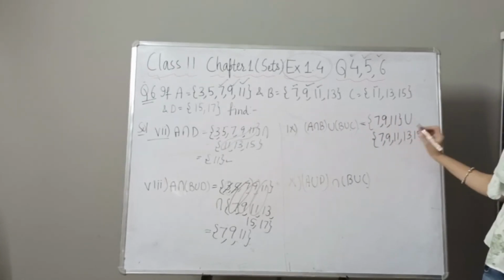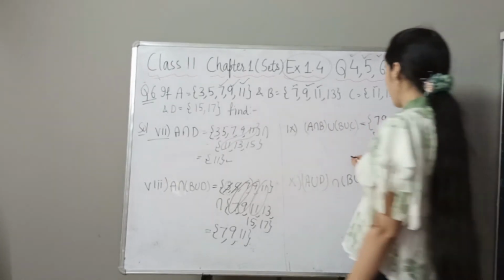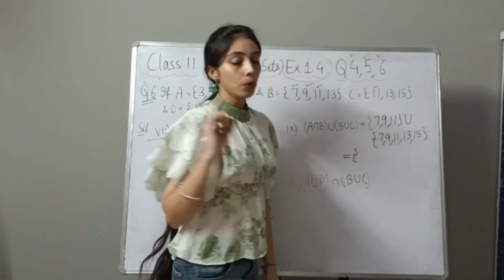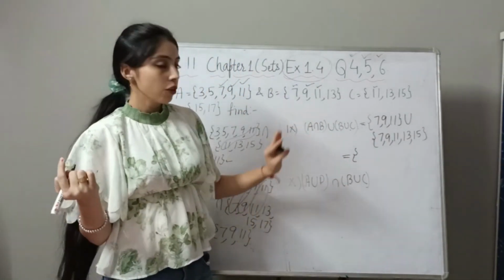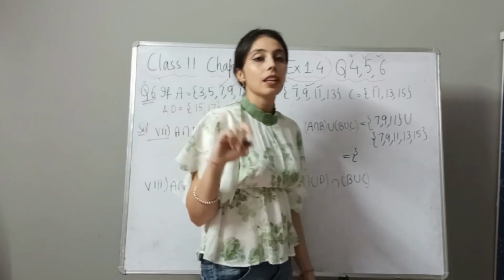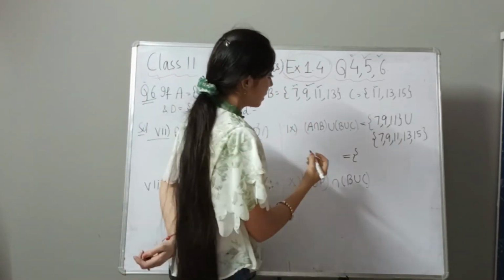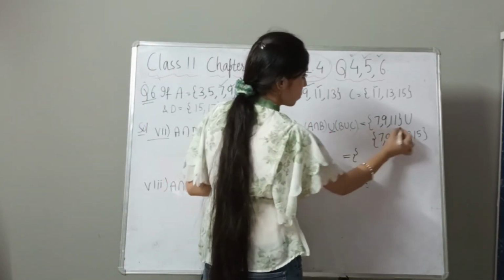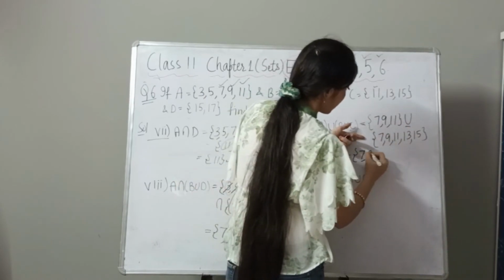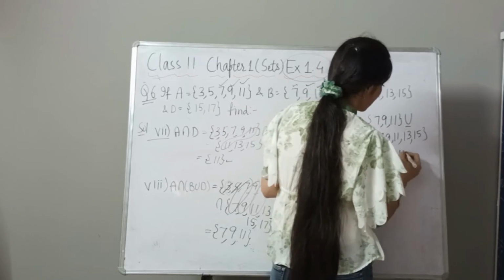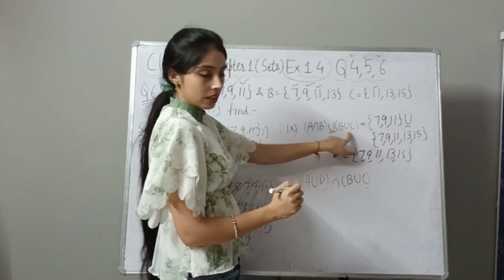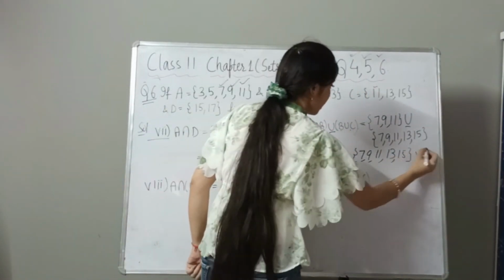We have to find the union of these two. So you must know about the definitions of union and intersection. If you are clear about the definitions, then you can easily do this type of questions. So in union we have all the elements in the first set and all the elements which are in the second set. So this will be the answer.